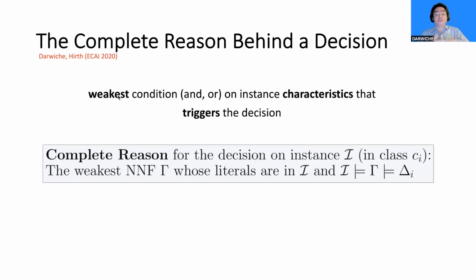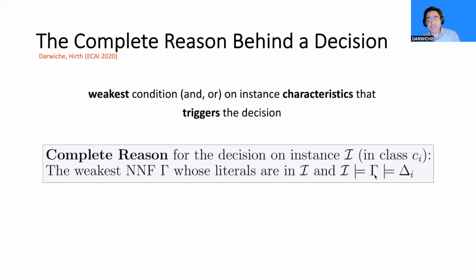All right. So formally, the complete reason for the decision on an instance I is the weakest NNF. Remember what an NNF is: a formula constructed using ands and ors, no negations. It is the weakest NNF whose literals are in I, and therefore these must be simple literals. They must be characteristics. And we have the following condition.